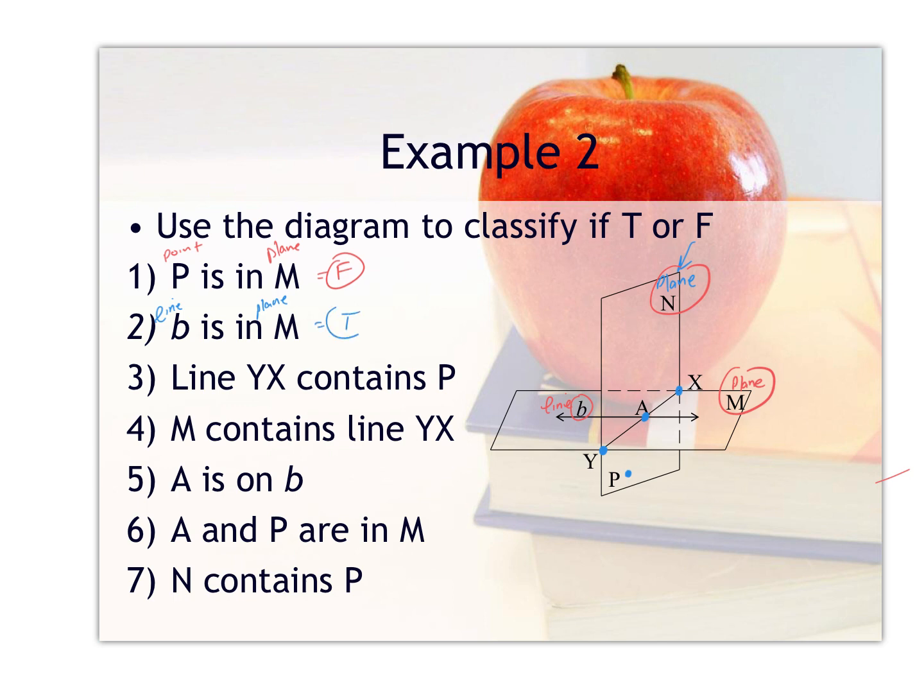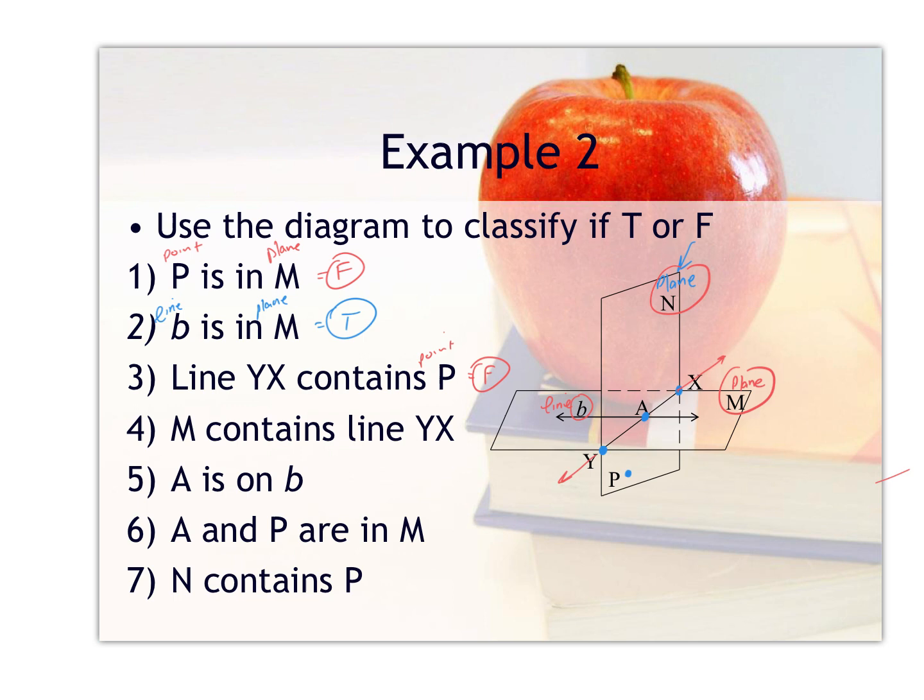is true. When I go to the third one, line YX contains point P. So line YX would be this infinite line that would go all the way through it, and it's asking me if that line contains point P, and it does not. So this is a false statement.